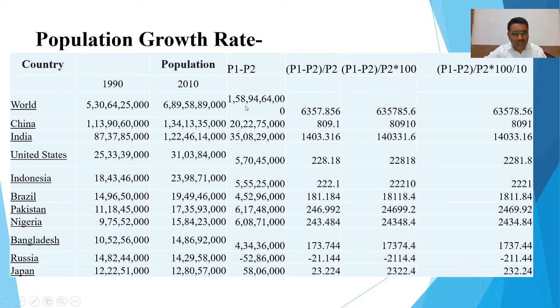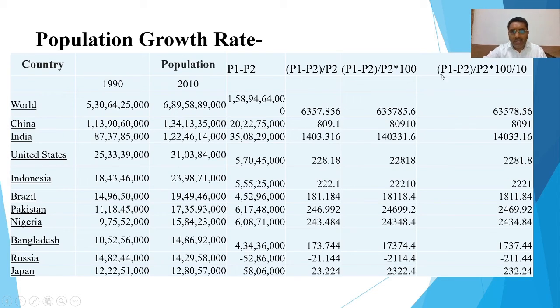Whatever value I got over here, I put in this column and divide it by the value of P2. Whatever value I received here, I multiplied it by 100, which gives 6,357.85, then 6,35,785.6.